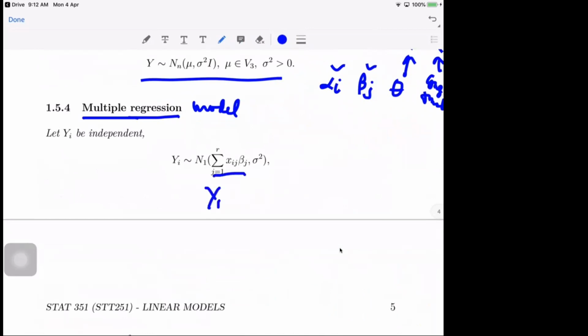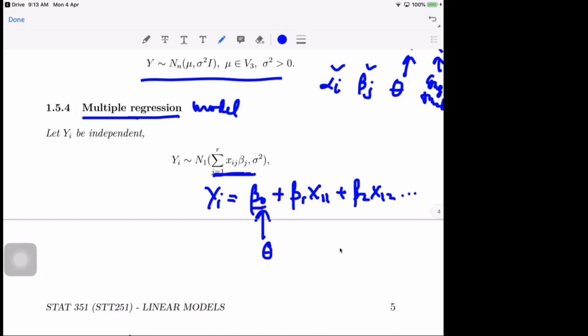So the usual notation for your model is something like this: beta null plus beta 1 x i1 plus beta 2 x i2 and so on and so forth. No, so this is taken care of by the summation of x ij, j from 1 to r. So this is equivalent to your theta, an overall effect, no, or beta null.